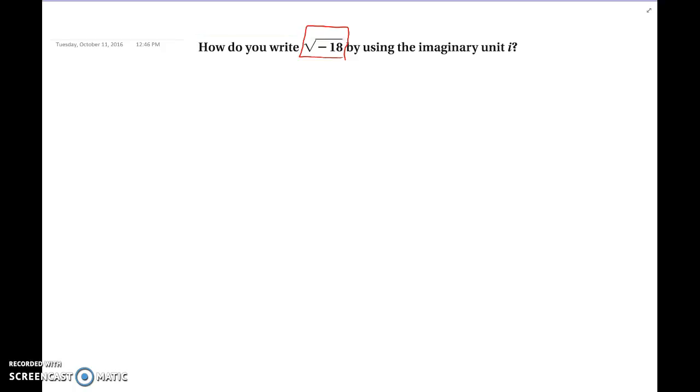So we're first going to make this an imaginary unit i. We would then rewrite this as negative 1 times 18. And then we break these apart, so it's the square root of negative 1 times the square root of 18. And as we just learned, i squared is equal to negative 1, and i is equal to the square root of negative 1. So the square root of negative 1 is equal to i. So it's i times the square root of 18.